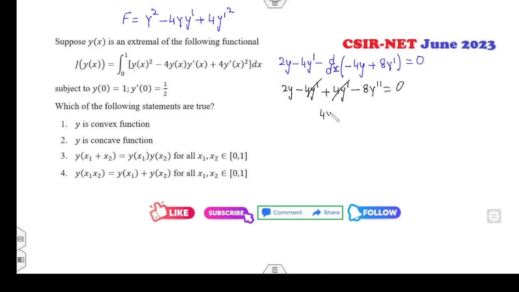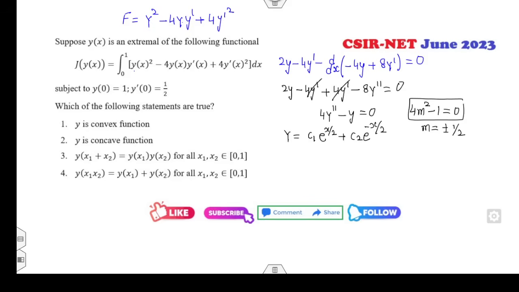So that will be 4y double dash minus y is equal to 0. That is a simple differential equation, constant coefficients. That means m is plus minus half. So your equation will be C1 e raised to power x over 2, C2 e raised to power minus x over 2. y of 0 is 1. So that will be C1 plus C2 is 1.